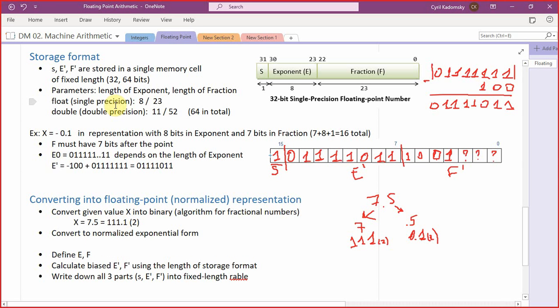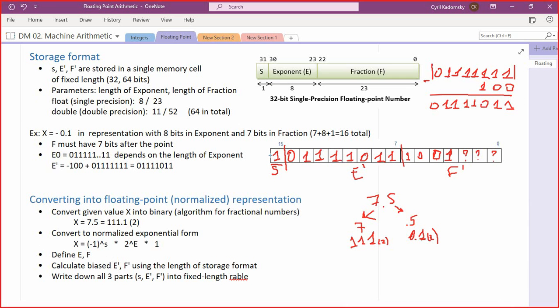In normalized form, our number x should be expressed as some (-1) to the power s, multiplied by 2 to the power of some unknown exponent, multiplied by the normalized fraction.